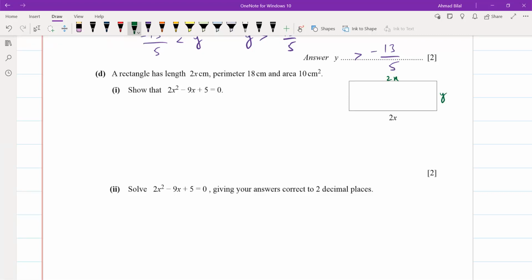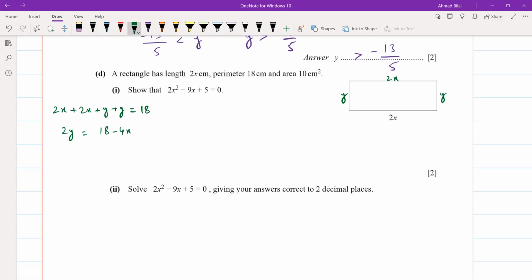Okay, in that case, perimeter जो हमारे पास आएगा, that's 2x plus 2x plus 2y, that's equal to 18. And we get 2y is equal to 18 minus 4x. ये हमारे पास एक इक्वेशन आ गई.